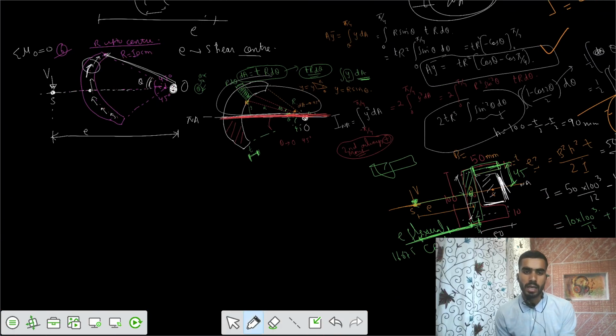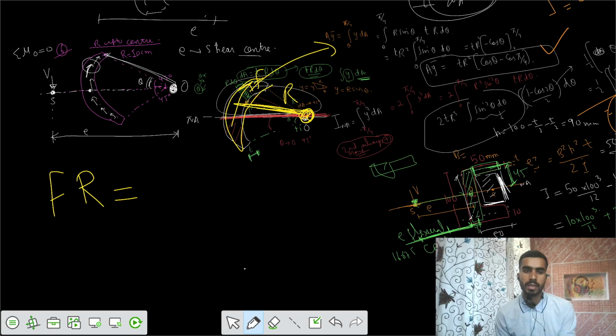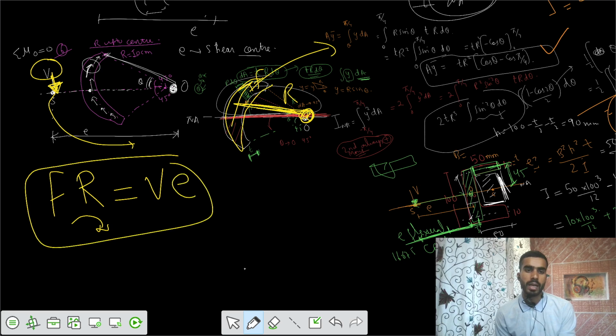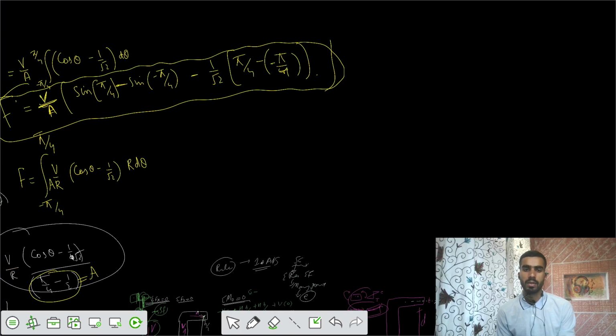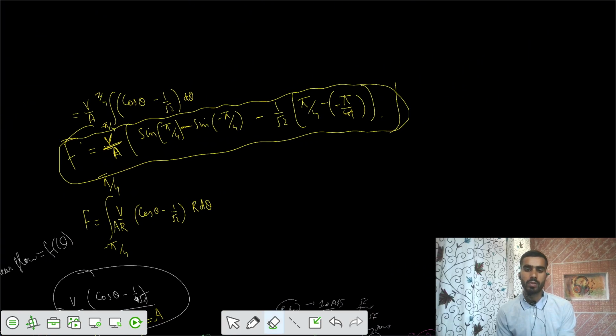Let's say there is some net force F along that curve, acting at a distance R from O. So I can write F into R, which should equal, assuming this is clockwise, the applied shear force on the section, V into E. So we can write the equation FR equals VE. If F into R equals V into E, we can get the value of E.